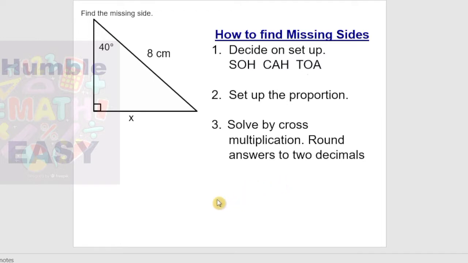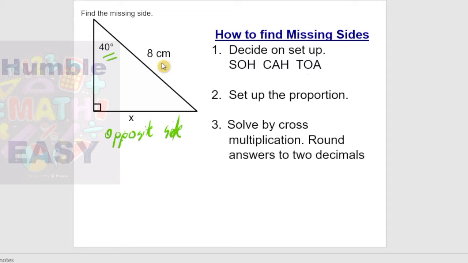Okay? And now, as we go back to the figure, take note that the given is the 40 degree angle, this one here. The side x that we have is opposite to the 40 degree angle, so that is what we call the opposite side. And this one is its hypotenuse side.